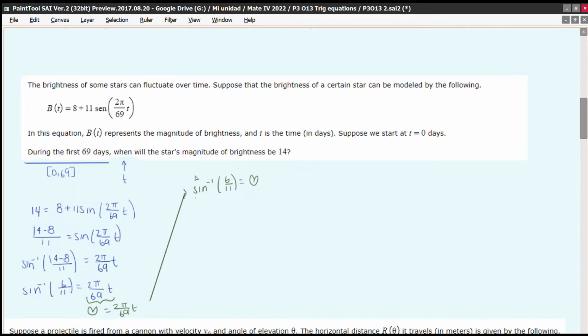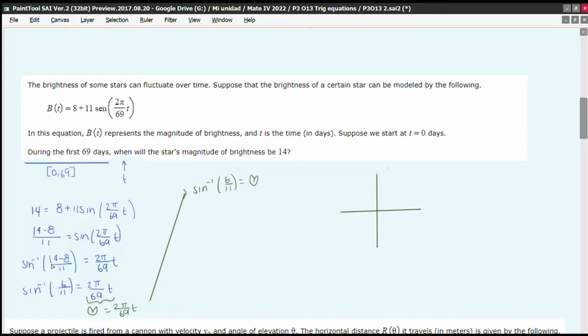Okay, so now when I plug this into the calculator, I'm gonna find a solution, and that solution, as always, is going to be my reference angle, and we're gonna do exactly what we did on objective 1. So first things first, we were working with a sine function, so we have to know where both solutions for this problem lie. From here, we could see that this sine gives me in return a positive number.